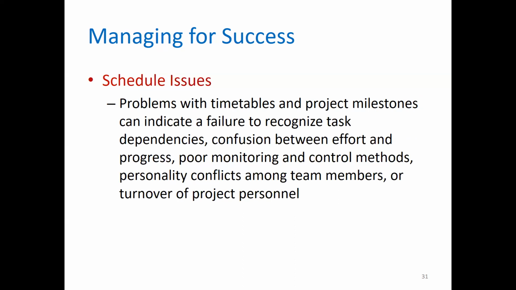Schedule issues. Problems with timetables and project milestones can indicate a failure to recognize task dependencies, confusion between effort and progress, poor monitoring and control methods, personality conflicts among team members, or turnover of project personnel.